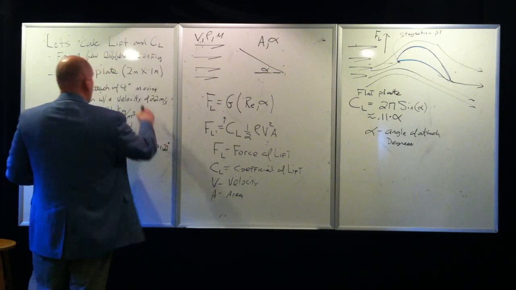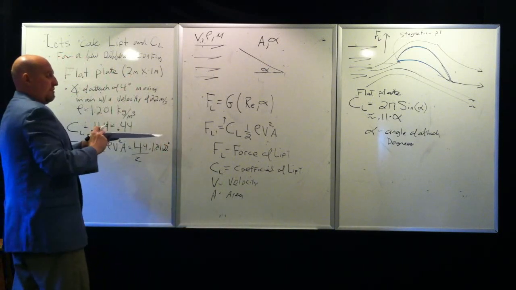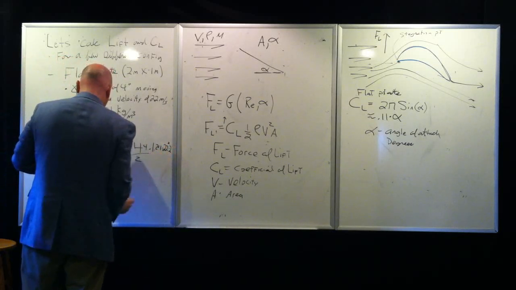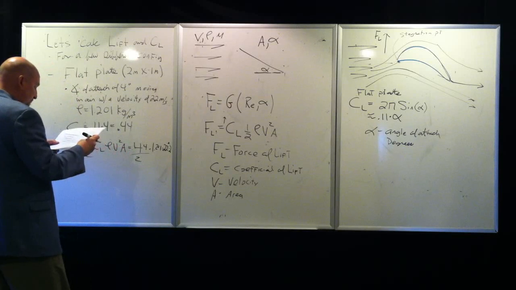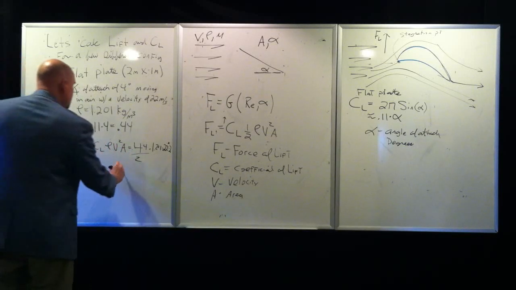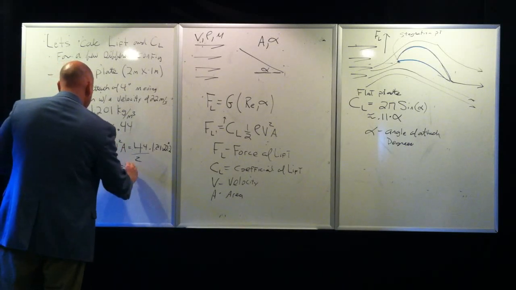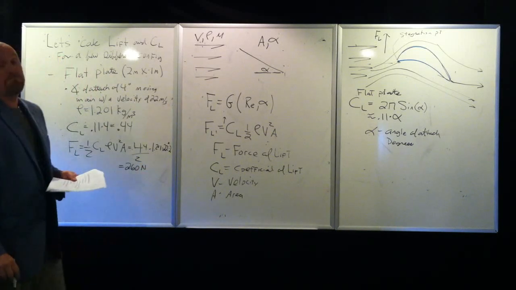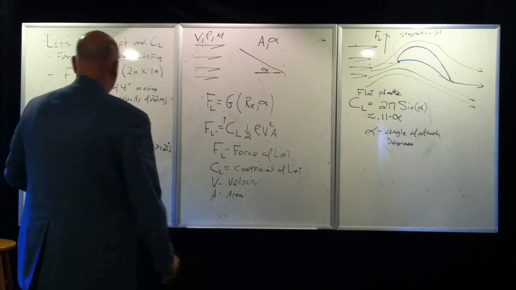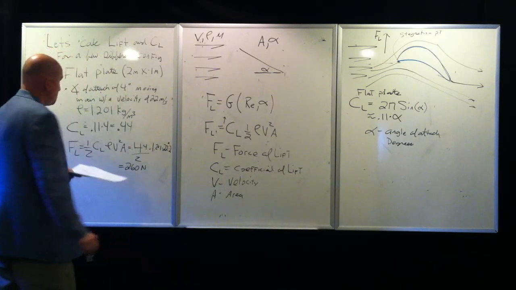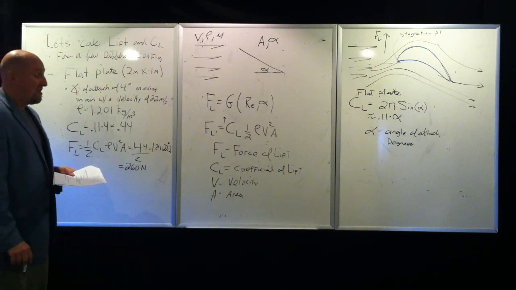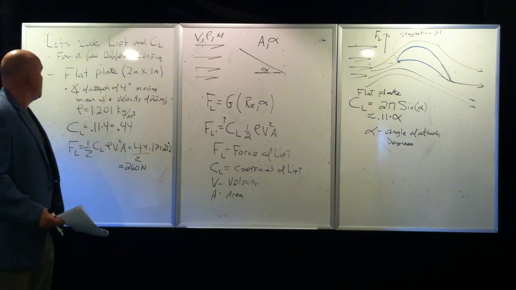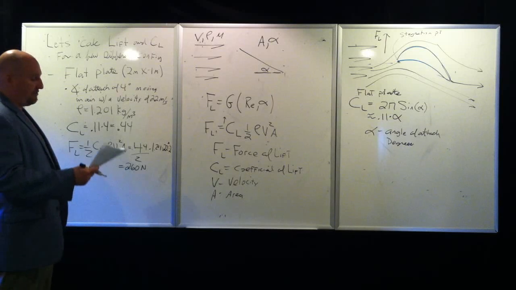And then we also need to multiply by the area. 2 by 1 gives me an area of 2. This results in a force of lift of 260 newtons. I'll just pause a second and let everybody perform this calculation before we move on to another calculation.